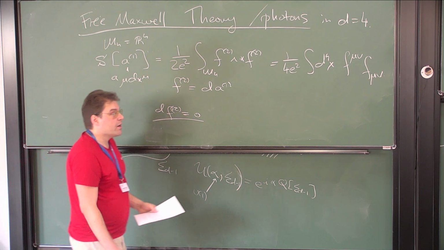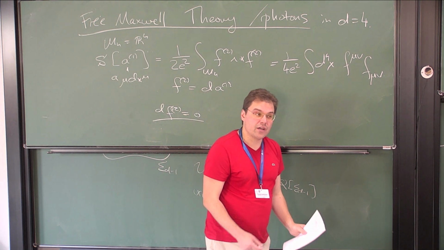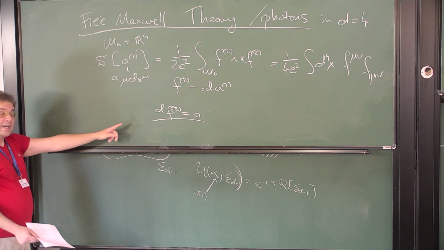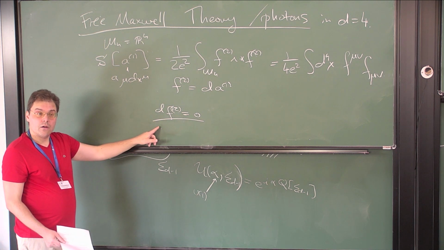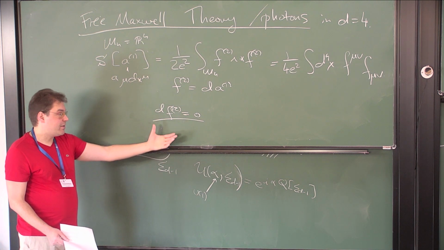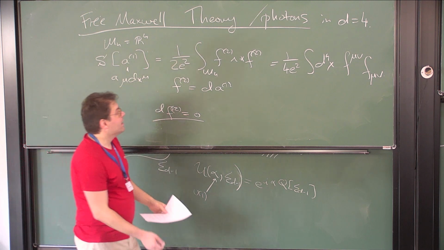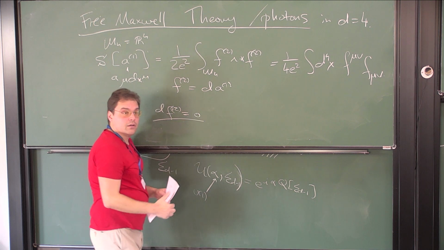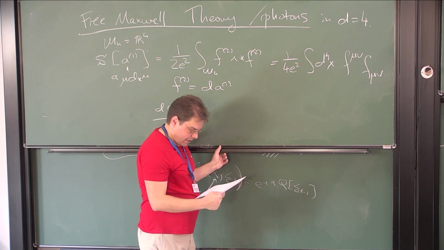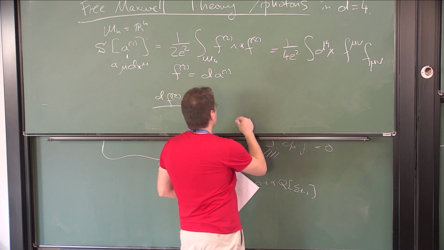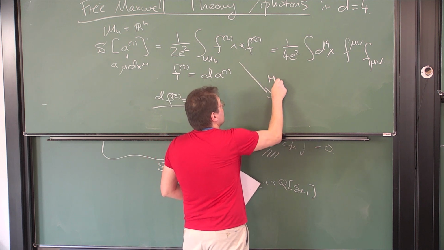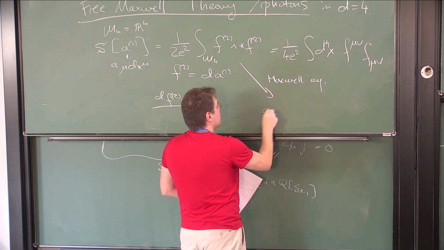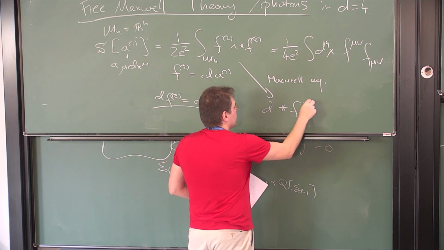There are also equations of motion. We discussed before that in general, conservation laws for currents only use the equations of motion. Here's a counterexample to that statement. This conservation law holds even off shell because it just comes kinematically from this fact. But there's another conservation law, which is the equation of motion associated with A. When you vary this action with respect to A, what you find is the other pair of Maxwell's equations, which is the statement that d star of F is 0.